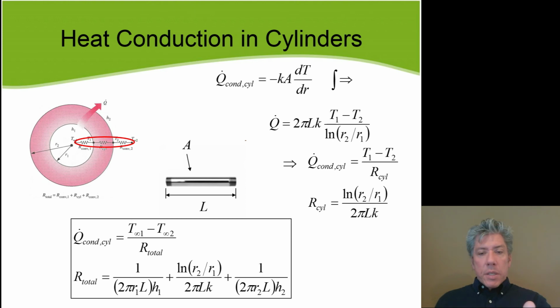And then we've already seen our resistance in the cylindrical wall portion of the pipe. That's the middle term in the bottom of the box. And then finally the last term represents the resistance to convection in the air surrounding the pipe in my example. And then we can simply write the rate of heat transfer in terms of the total resistance and the total driving force for heat transfer, which is the bulk temperature of the liquid inside the pipe and the bulk temperature of the air outside of the pipe.